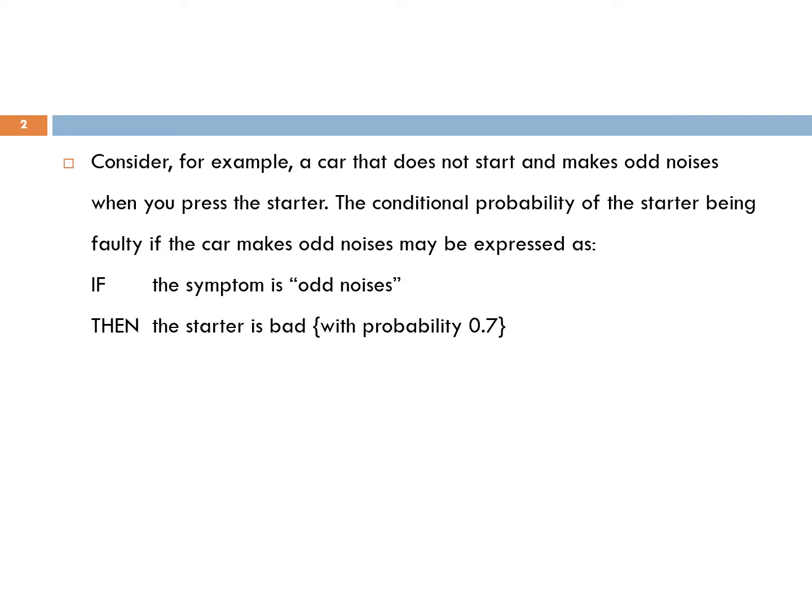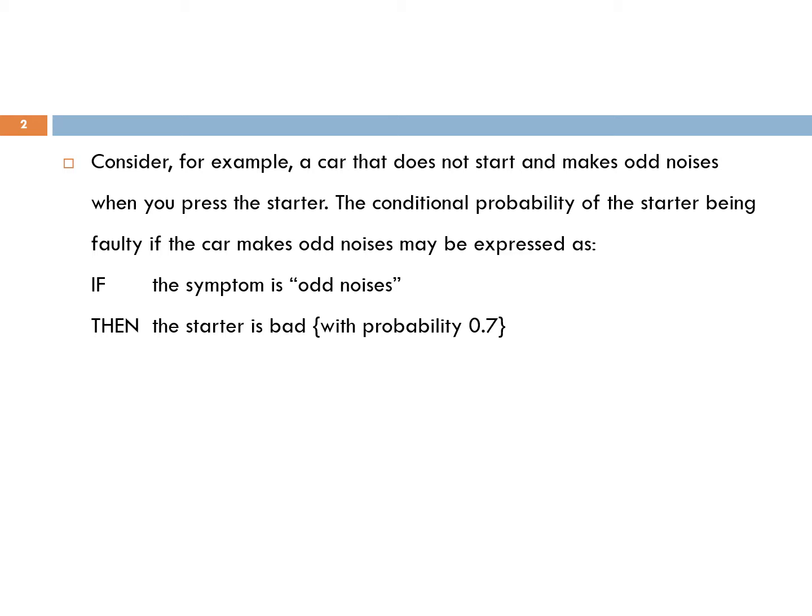Now we look at one example to show why it is not consistent. We consider, for example, a car that does not start and makes odd noises when you press the starter.